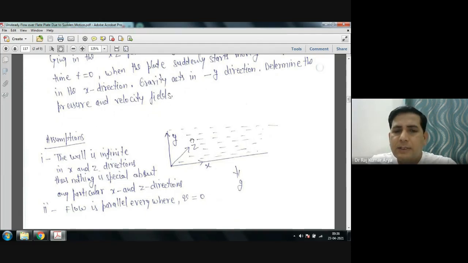Flow is completely parallel to the plate, means you are moving the plate only. So whatever velocity is generated is only in x direction, with no velocity generation in y direction as well as in the z direction. That's the assumption part here.